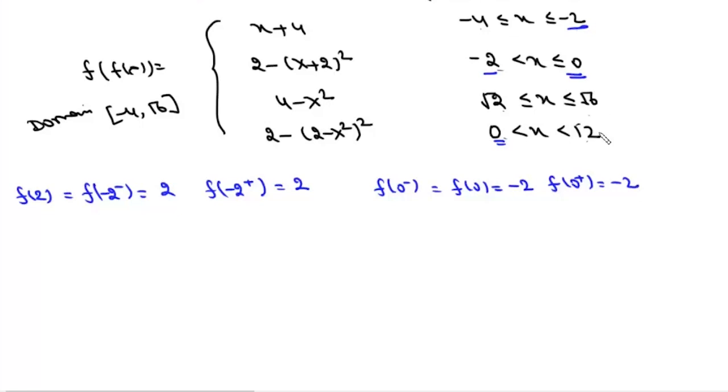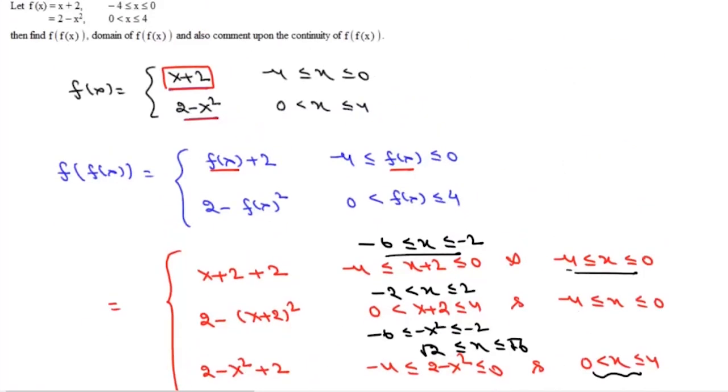Now we'll check its continuity at root 2. f(root 2) negative is 0, 2, and f(root 2) will be equal to f(root 2) positive, which is 4 - 2, and it is 2. So this function is continuous in its domain. We can find f(x) using the graphical method as well as the algebraic method.